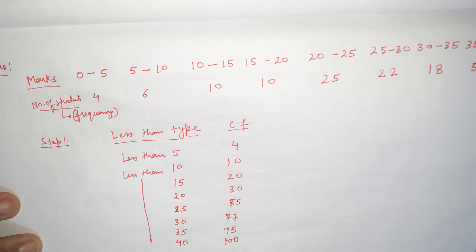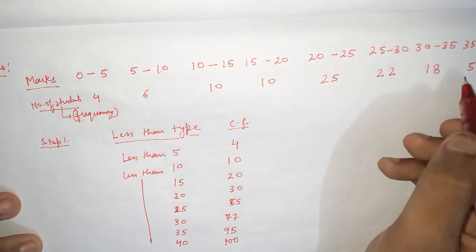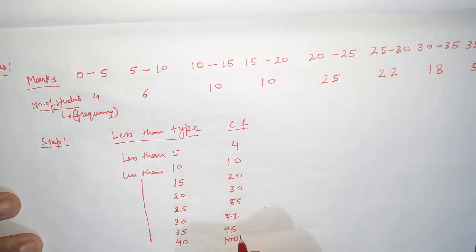So if anyone asks you what is the summation of all the frequencies, sigma f, sigma f is always the last value of the cumulative frequency, that is 100. We need not know this now, but I have told you because it will be used in further chapters. So we got all these cumulative frequencies.